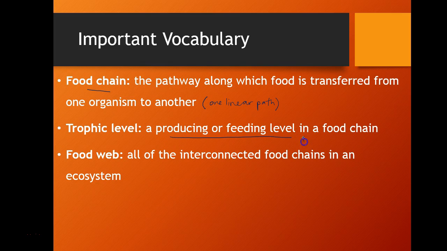Some examples of this would be producers, primary consumers, secondary consumers, and tertiary consumers. Those are all examples of different trophic levels. And then we have the food web, which is all of the interconnected food chains in an ecosystem. And this is what gives you the more accurate representation of all the interactions that exist within an ecosystem.